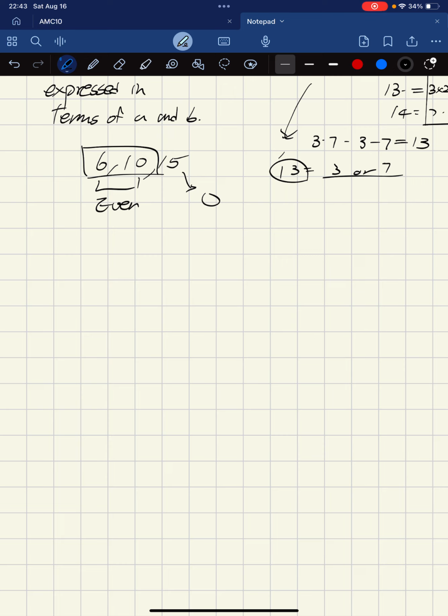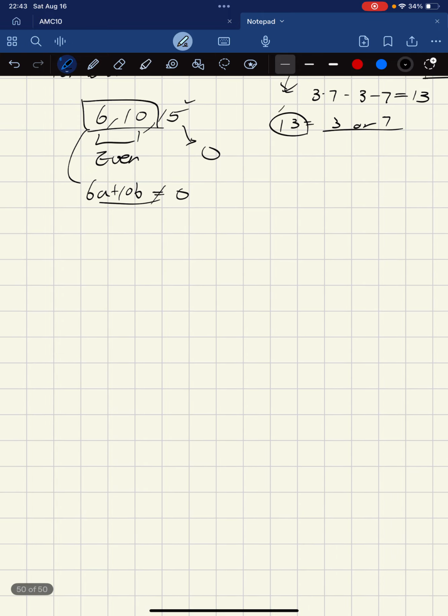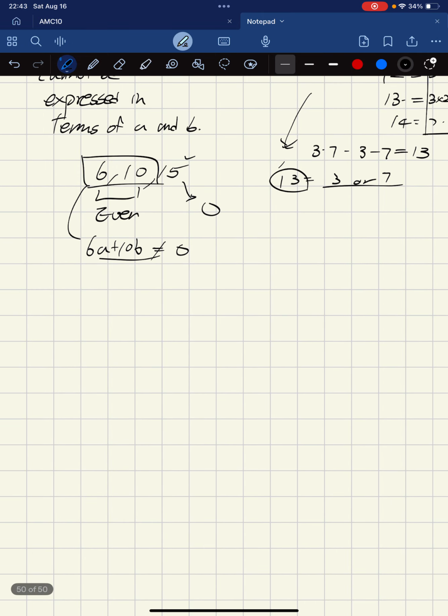Can you represent any odd number? No. With this equation, you'll not be able to represent any odd number, because it's just going to be even number plus even number, which is going to result in an even number anyways. So that's why we have this 15 to represent odd numbers. You just add 15 and you represent odd numbers as well.